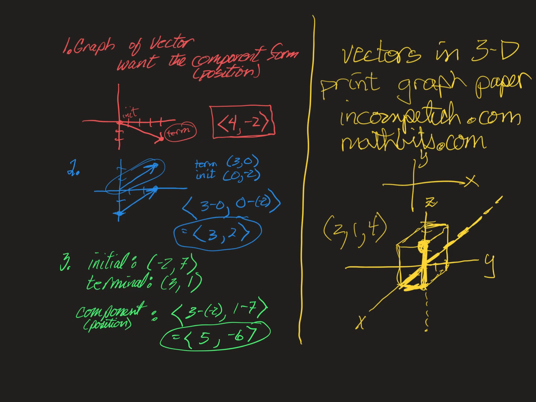Now, the easiest way to think about it is what you're doing is you're taking the points 2, 0, 0, 0, 1, 0, and 0, 0, 4, and you're graphing those. So 2, 0, 0 is this point, and 0, 1, 0 is this point, and 0, 0, 4 is this point.